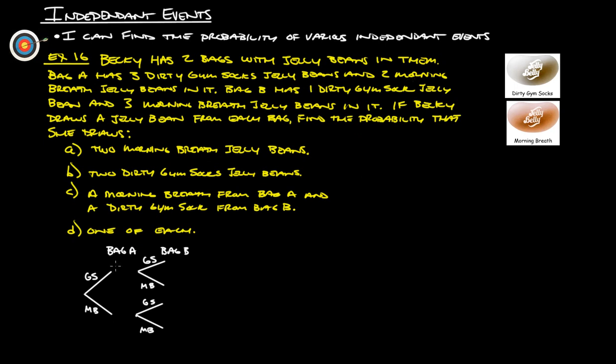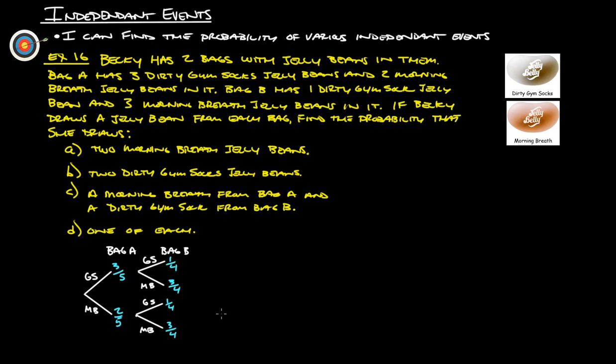So that's going to be 3 out of 5 for this one, and 2 out of 5 for the Morning Breath one. And then in bag B, 1 Dirty Gym Sock and 3 Morning Breath. So that's going to be Gym Sock 1 out of the 4, and Morning Breath 3 out of the 4.